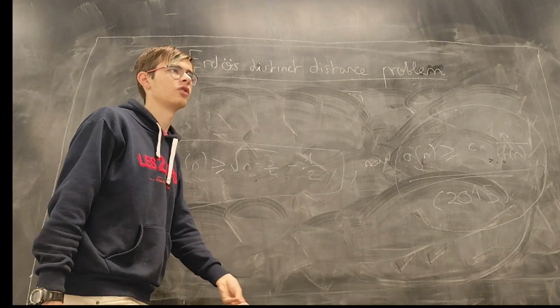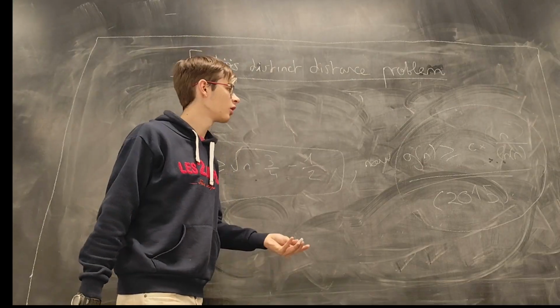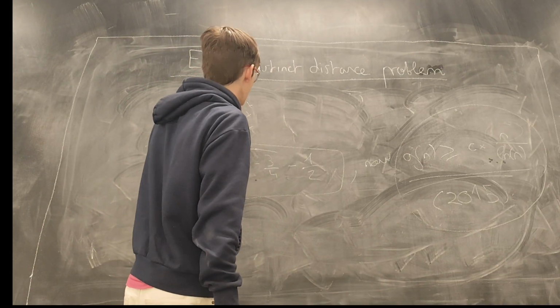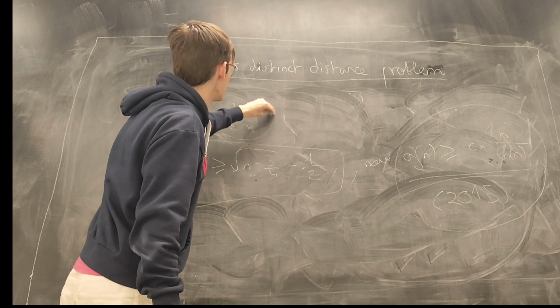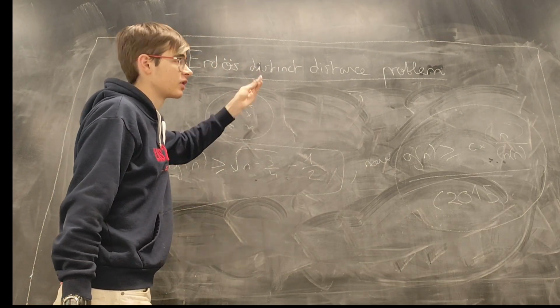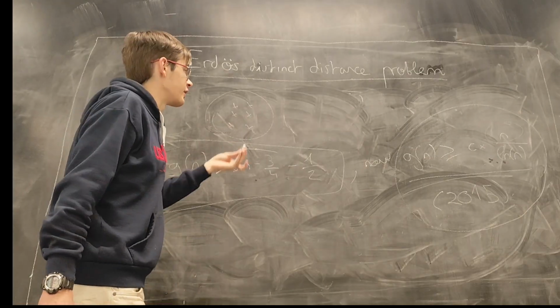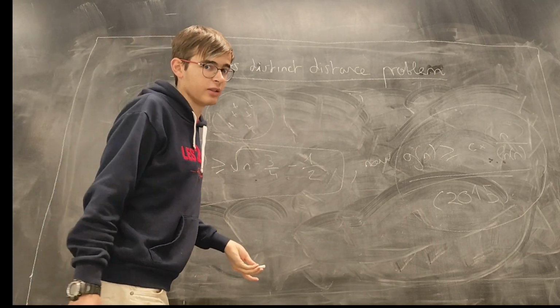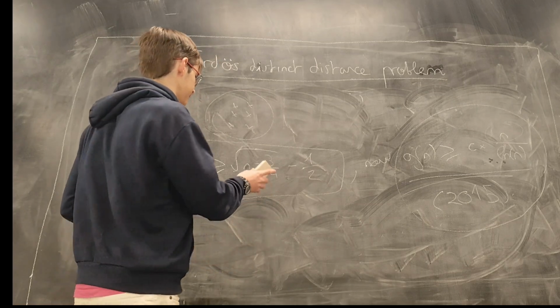Of course, if you take a set of n points and show that there's a certain number of distances between them, then the minimum number of distances for n points must be smaller than the number we found. So it's actually very easy to find some explicit upper bounds.